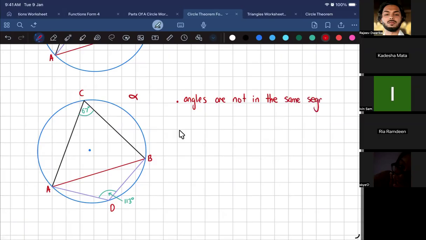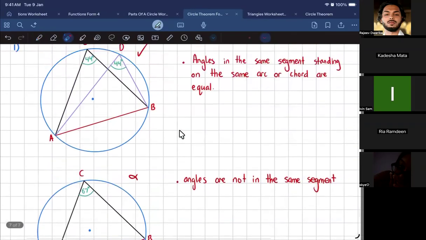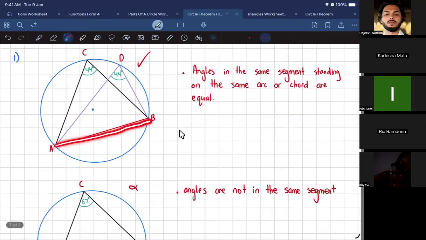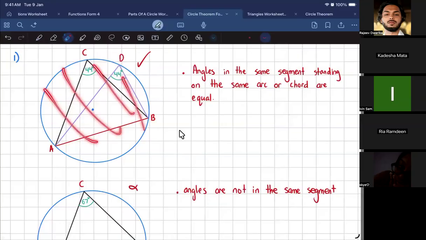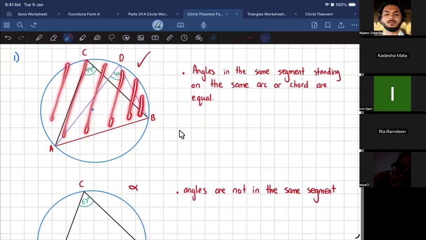Ria, on a scale of 1 to 10, are you confused? 3. Okay. So you understand that they must be standing on the same chord, right? Now, a chord is a line that connects two points along the circumference, and it cuts a circle into portions. So you have this portion and this portion. That's a segment.